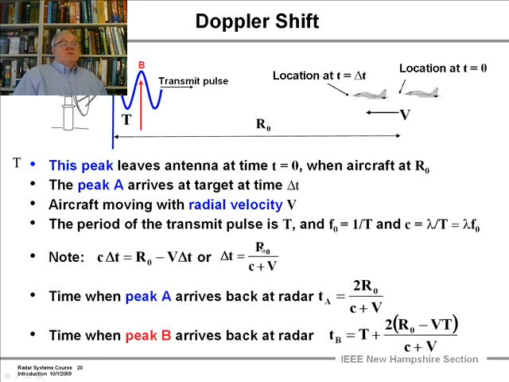So delta t is R0, the total length, divided by the speed of light plus that radial velocity.